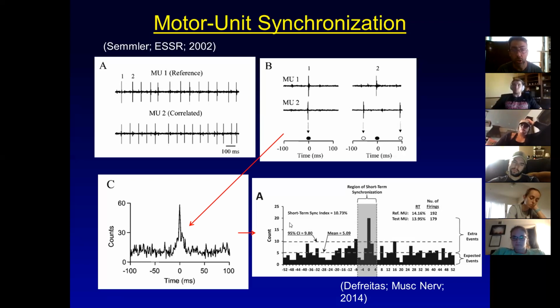And so don't worry about what's happening down here in the bottom two graphs. This is just some methodological things about if we are able to measure these things, how we would go about calculating if you have very synchronous or very asynchronous firing or not. Because what you do is you compare every motor unit to all the other motor units, and you calculate the distance from one action potential in one motor unit to the action potential in the next, and then you graph them all together and you make a histogram.